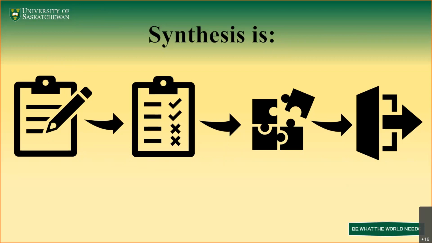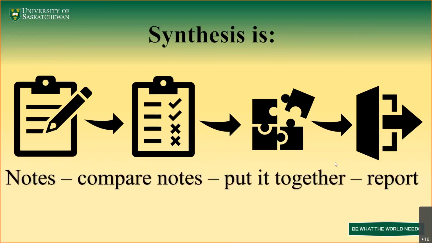And you might have to go back into the document you're creating and make some changes within it. You're like, oh, I missed that paper, and this paper fits into this part of my literature review. So it's not a straightforward process like what you see on the screen. That's a very simplified version of what actually happens. It can be pretty messy. But you've got your notes, then you compare your notes, you put it together, and you come out with a report.